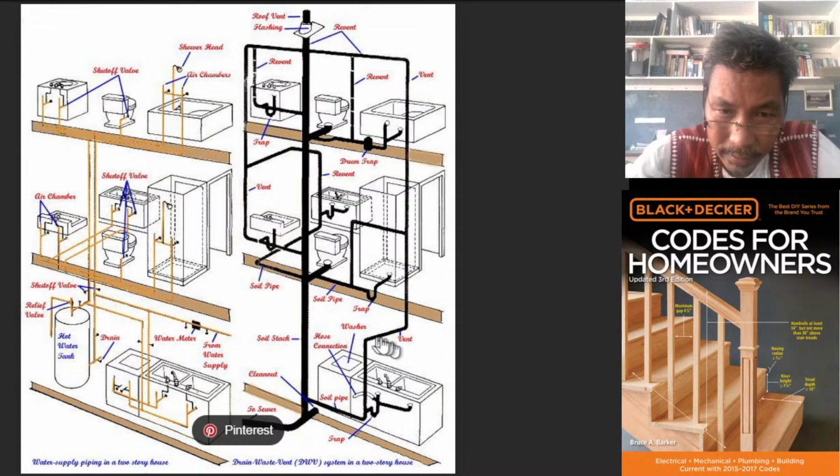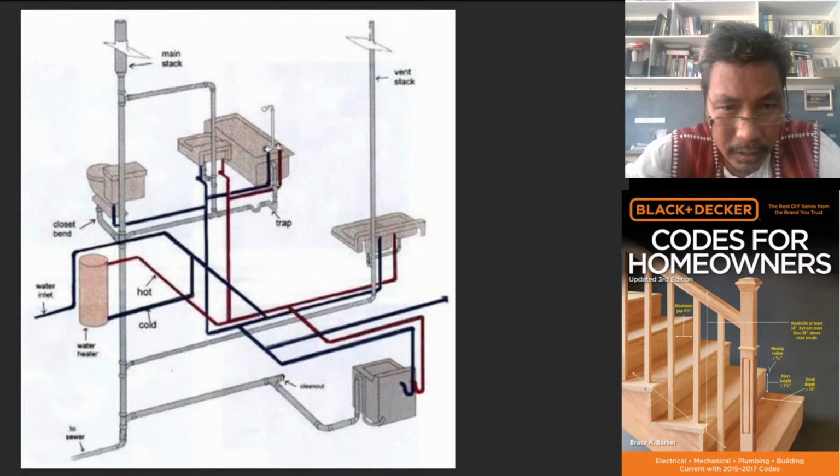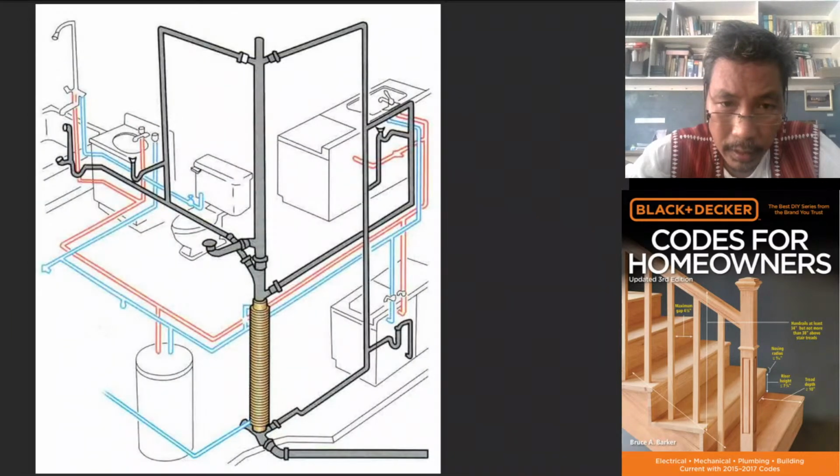Where are the vents? Where are the hose connections? Where are the traps? Where are the soil pipes? Where are the clean outs? Shut-off valves, and so on. There are so many things here. What could we determine from your plumbing plan?